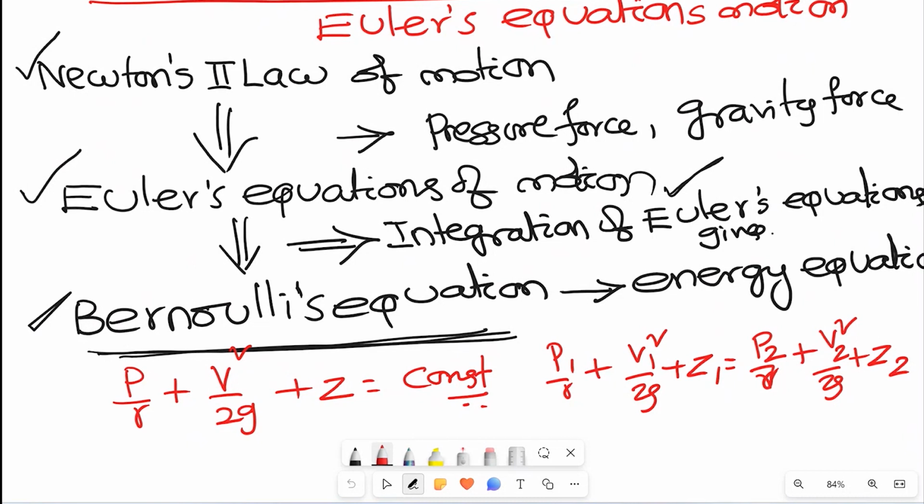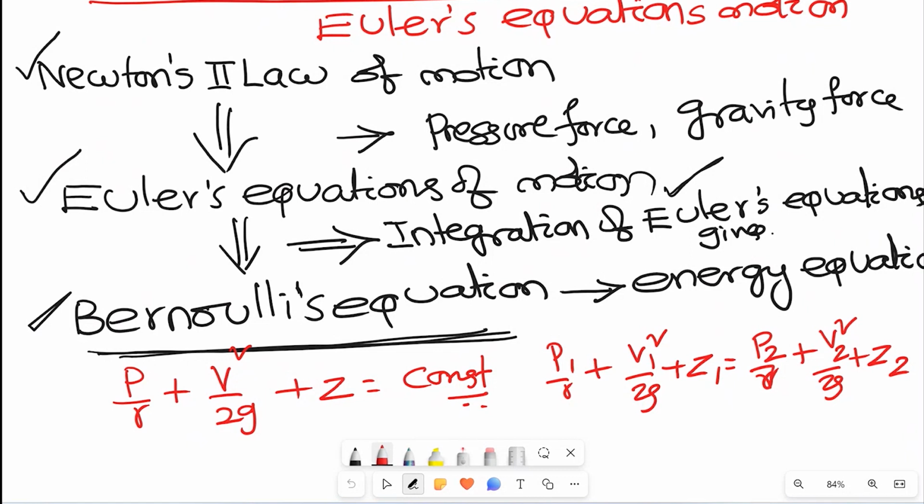So in today's lecture, we have considered only up to this point, starting from Newton's second law of motion, explaining the forces, considering pressure and gravity forces, deriving Euler's equations of motion. So I will stop here. But in the next class, I will integrate Euler's equations of motion, and from there I get the Bernoulli's equation. And this Bernoulli's equation is the energy equation.